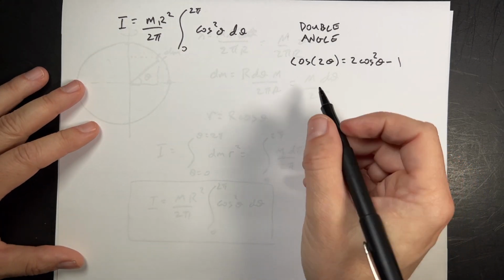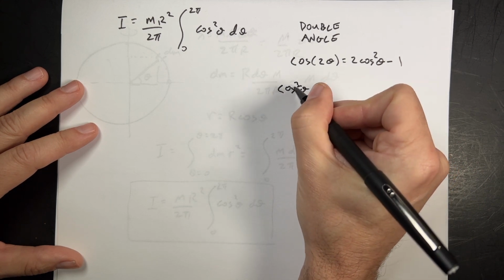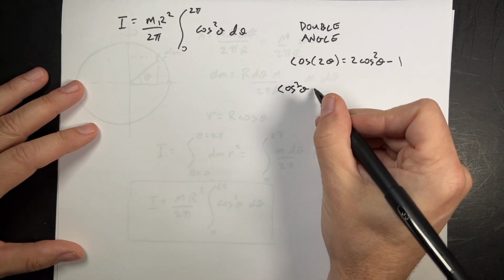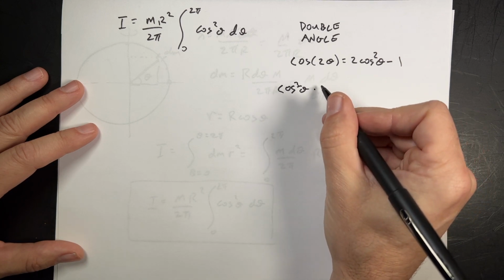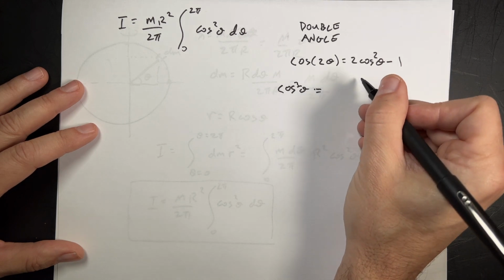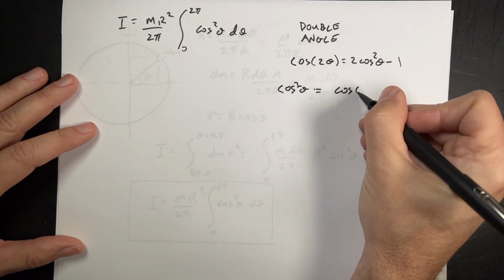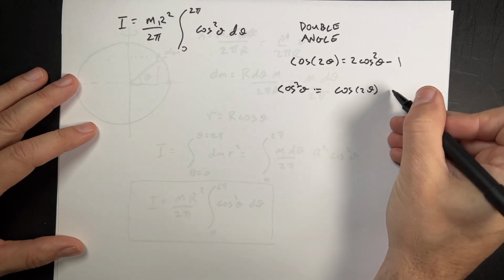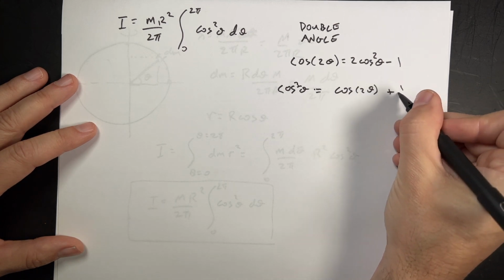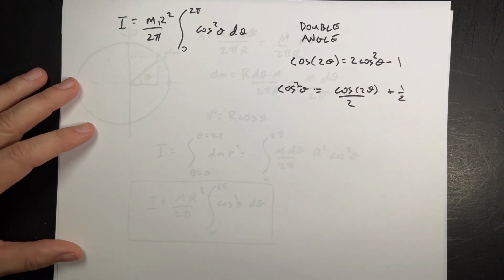So I'm going to add 1, and divide by 2. So cosine squared theta is going to be equal to cosine 2 theta plus 1, over 2. Is that right?